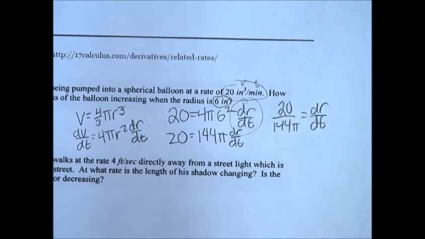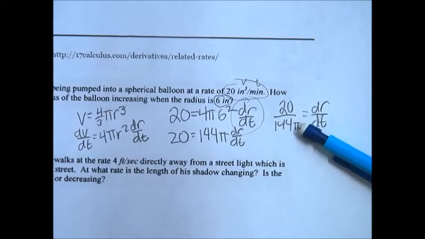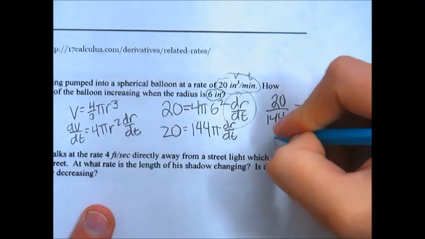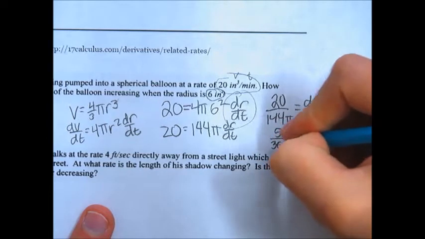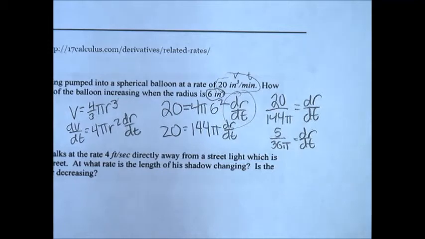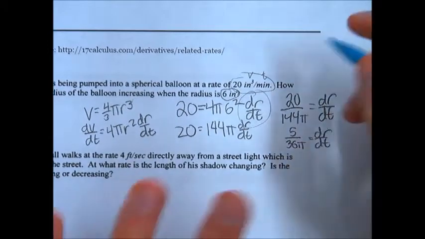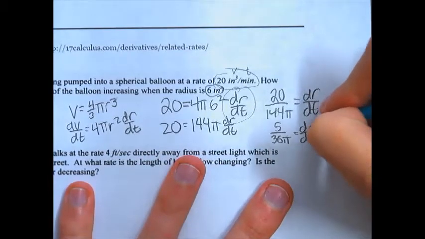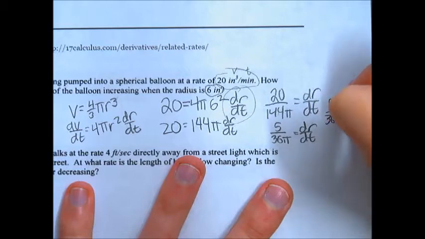And I could simplify this further. 5/36, so 5 over 36 pi is probably as simplified as we could get it. But not only do I need to write it like that, I need to write it in terms of the units. So I need to write that it's inches per minute. So my actual answer would be 5 over 36 pi inches per minute.